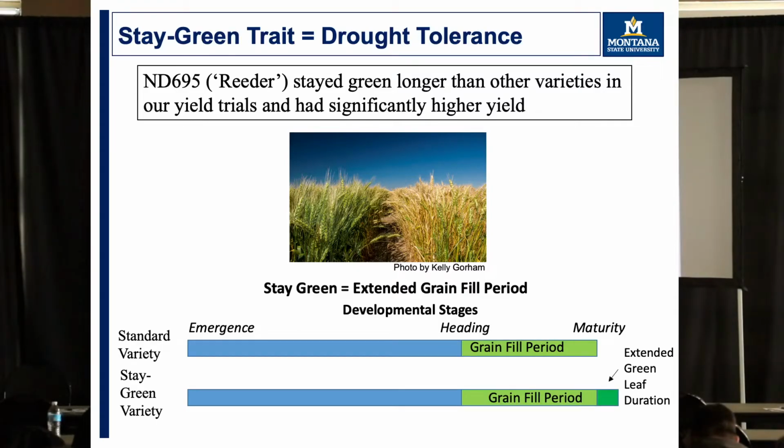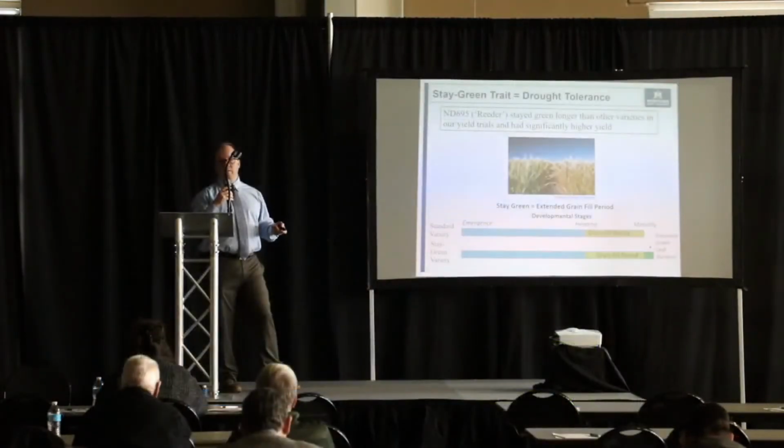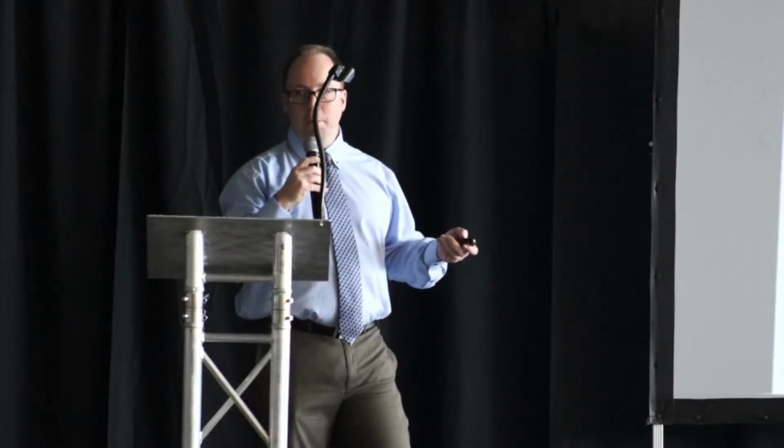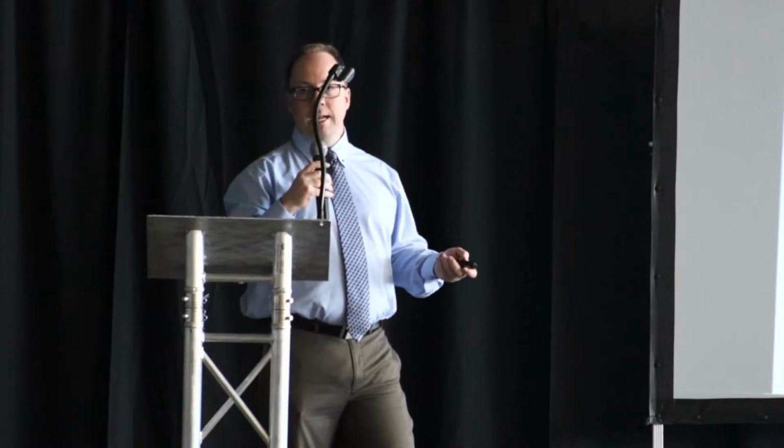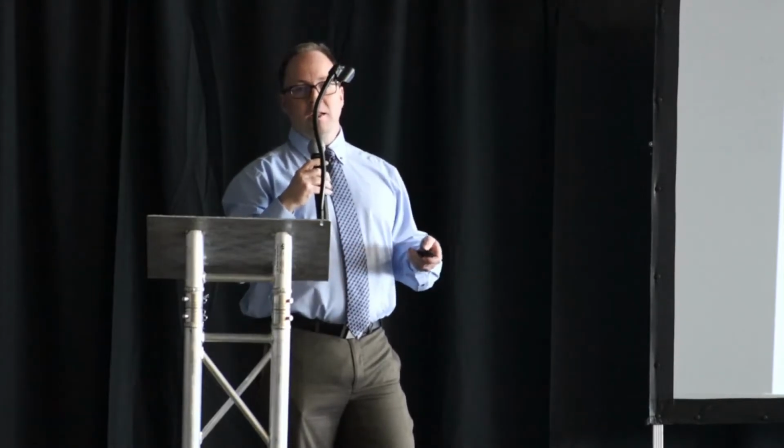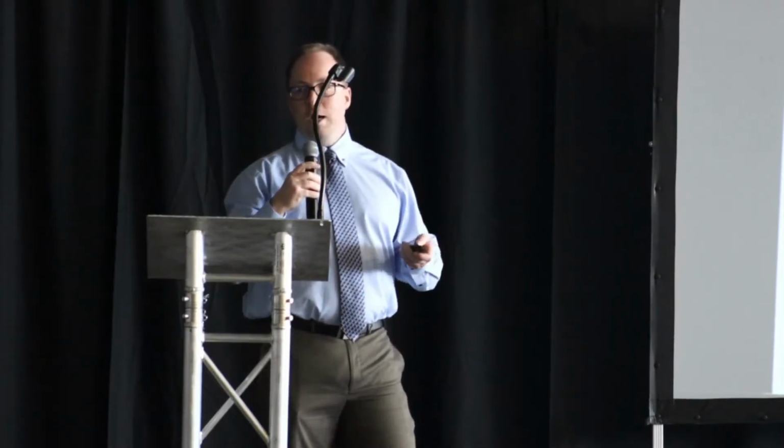And so we coined this the stay-green trait, and basically it has an elongated grain fill period compared to other varieties that were grown at the time. And then the question became, can we select the stay-green trait as a proxy for developing varieties that have improved drought tolerance?